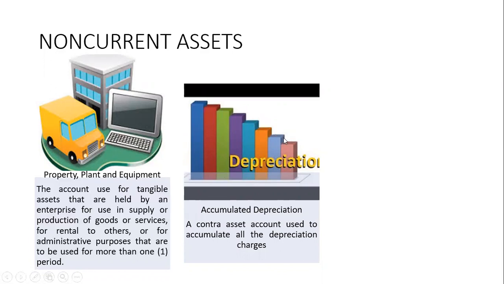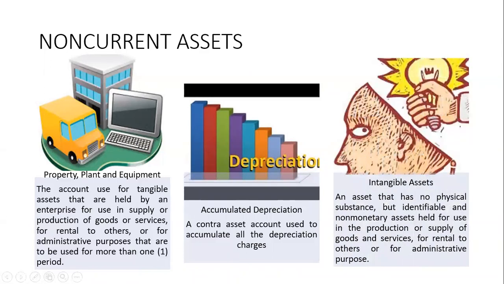Okay. Nadi-decrease yung value because of passage of time or di kaya sa paggamit. Okay? So, ang tawag dyan is depreciation. Na-depreciate yung property, plant, and equipment, depende kung ilang years ba magagamit yung property, plant, and equipment. So, yung tawag sa kanya naman for a contra asset is accumulated depreciation.